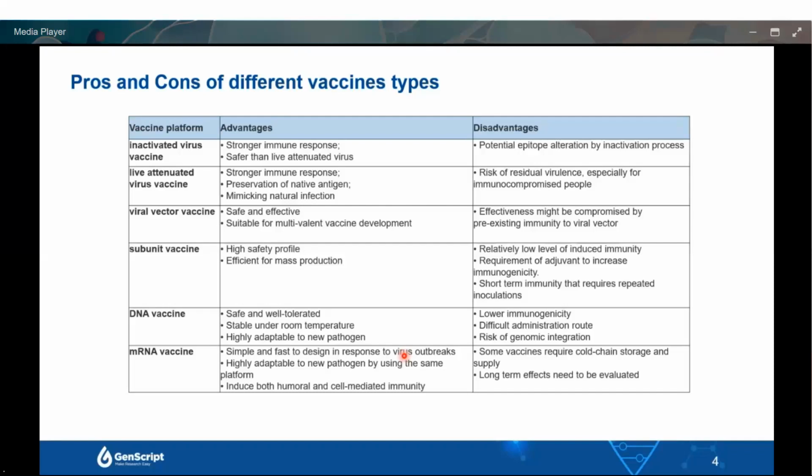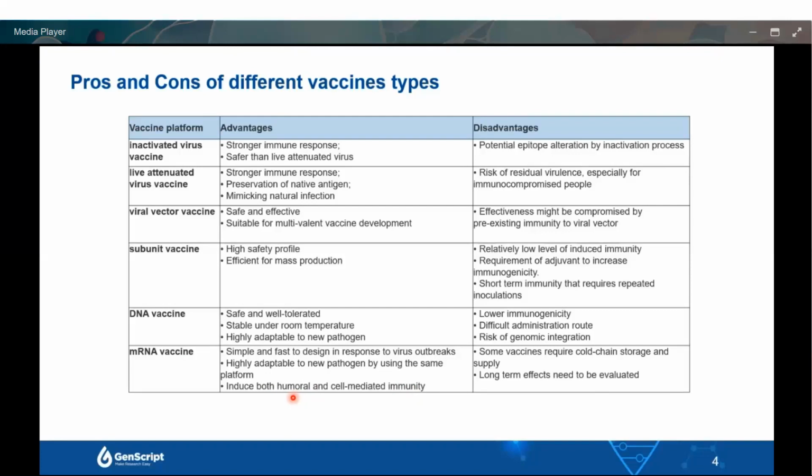And still, most importantly, it has the risk of genomic integration. And the last one is mRNA vaccine. It's simple and fast to design in response to virus outbreaks. We have experienced it, and it has a successful case. The mRNA vaccine has launched onto the market.